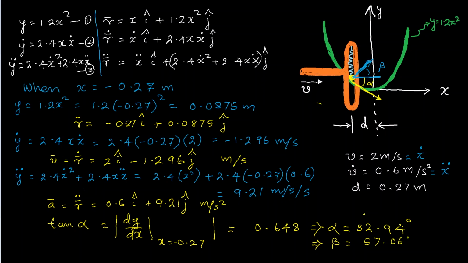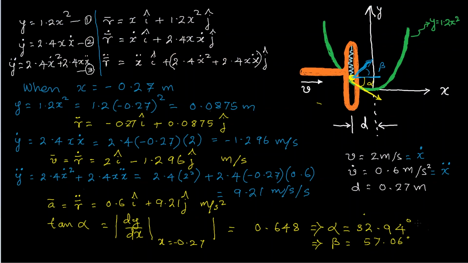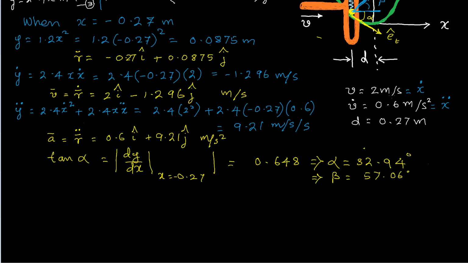From there, we can always calculate the accelerations in the normal and tangential direction. For example, here a unit vector in this direction, if we call this en and this et, now en we can write like this.